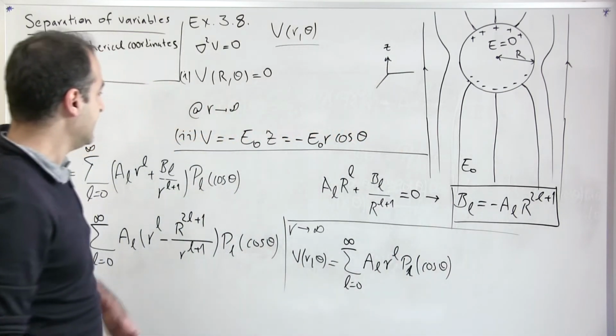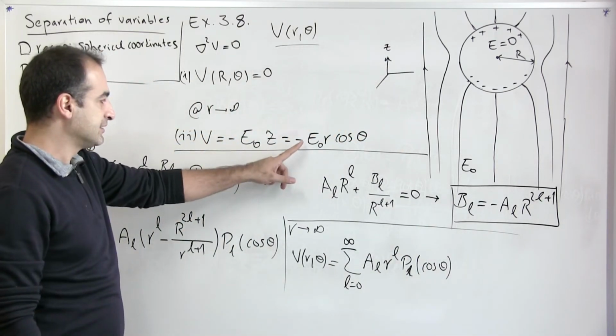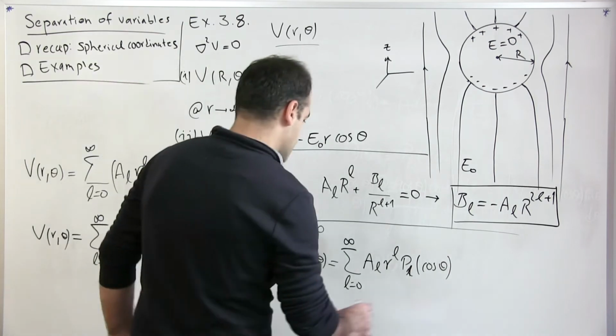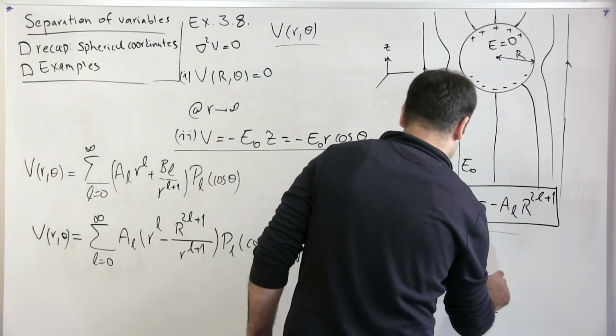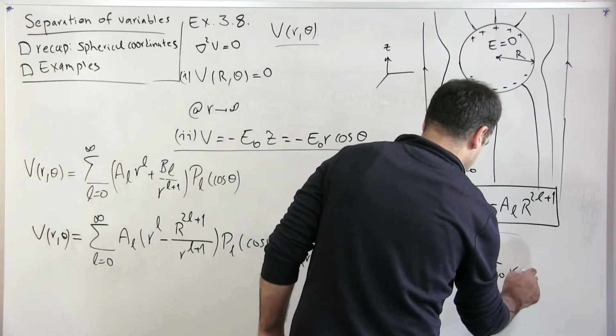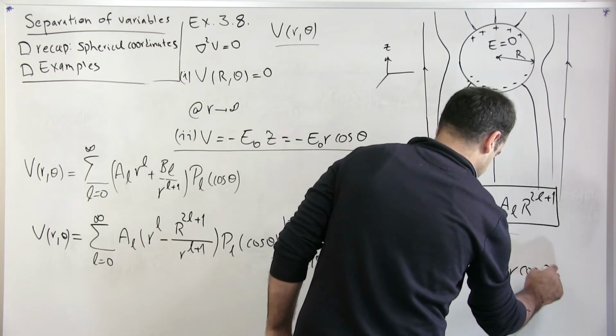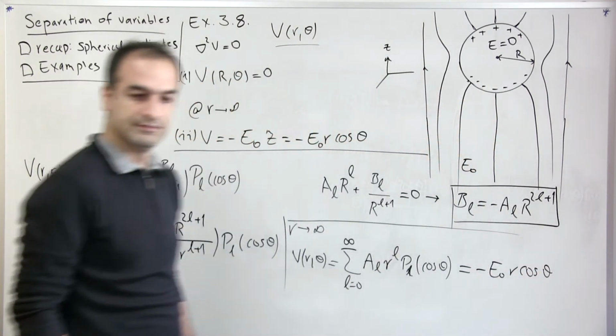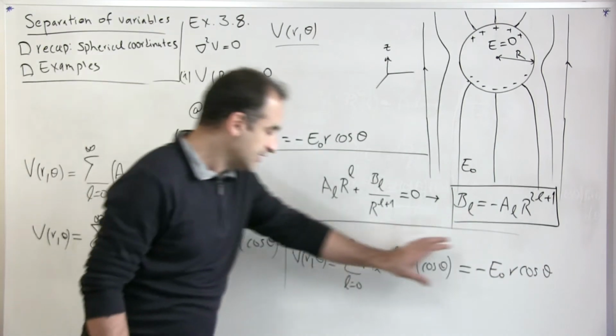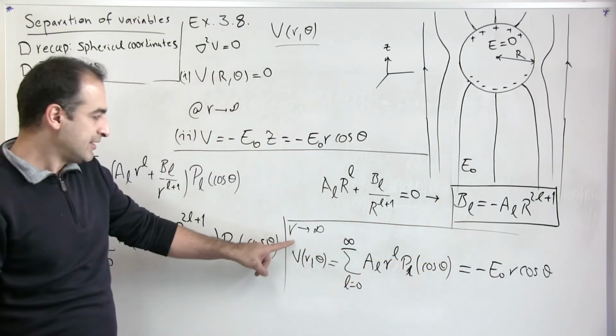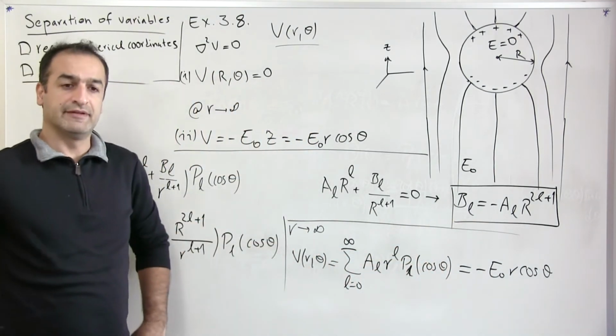And that should satisfy this boundary condition, and that is negative E0 R cosine theta. Okay, so this is what we have at R approaching infinity.